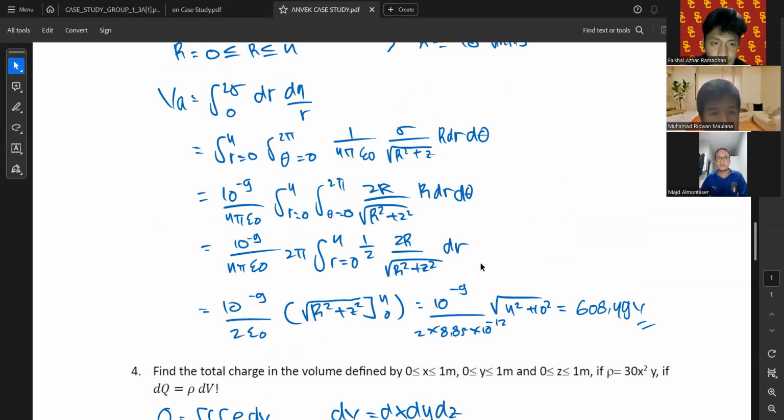power 9 minus 9 over 4 pi epsilon naught, integral for r from 4 to r naught, and integral to pi, theta 0, multiplied by 2r over the square root of r squared plus z squared, r dr d theta.